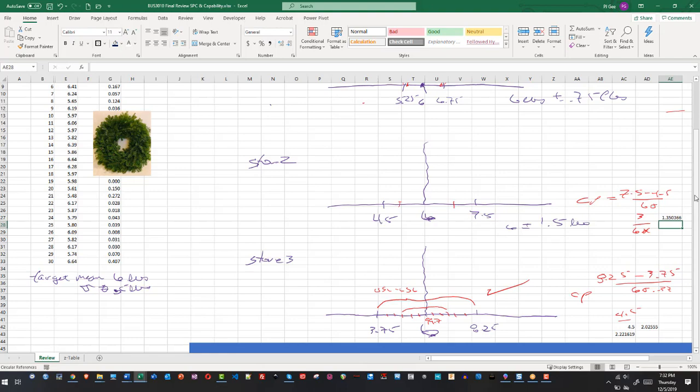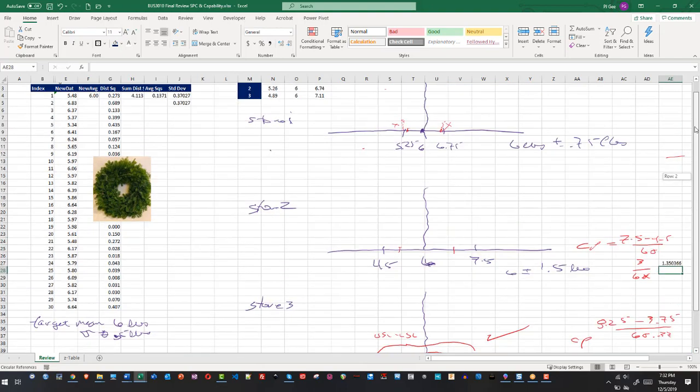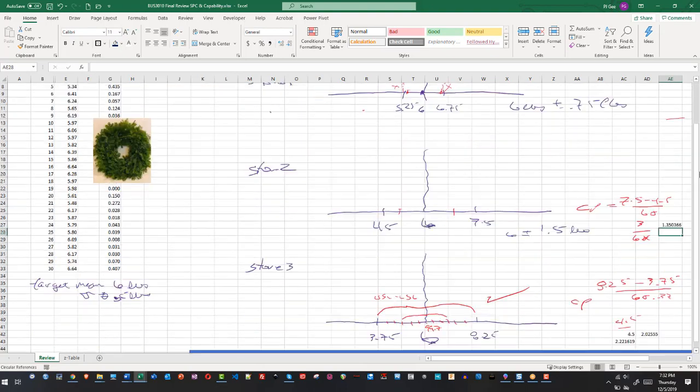And I already forgot the numbers. Let's go back again. 4.89, 7.11. Should be able to remember 7.11, right? So 4.89 would be somewhere in here. This is the lower end of our 3 sigma system where it's producing right there.